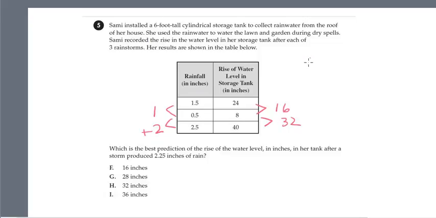For every 1, it goes up 16. So to go from 2.25 inches of rain, so to reduce it from here down 1/4 of an inch, that's 1/4 of this. Right? So we're going to reduce that by 4. So that goes down to 36 inches.